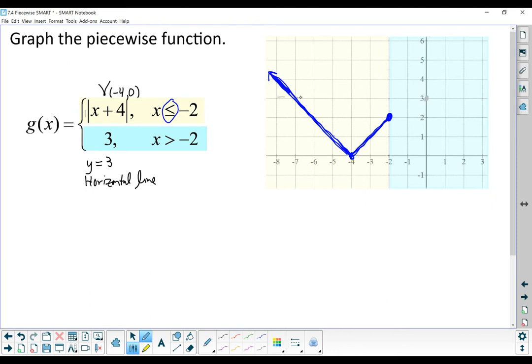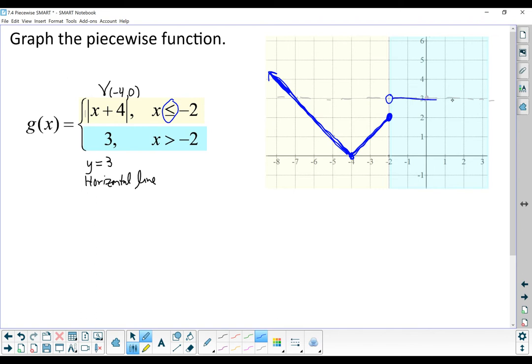So we're talking about this horizontal line that would go all the way across, but for our function, it only takes on that value for x's that are greater than -2. So it's not going to extend into this yellow side.